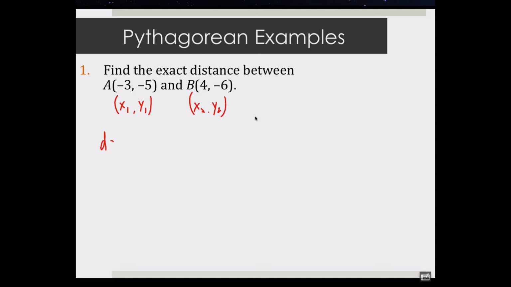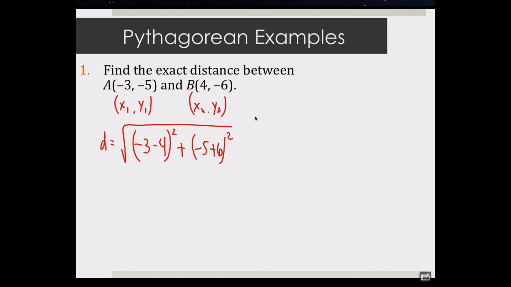Okay, distance is equal to the square root of what minus what? Give me some numbers. -3 minus 4, quantity squared, plus -5 minus -6, quantity squared.